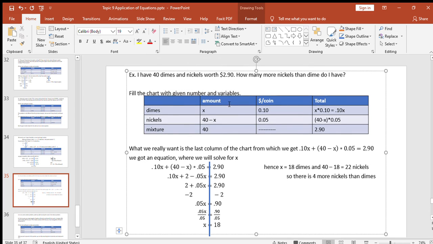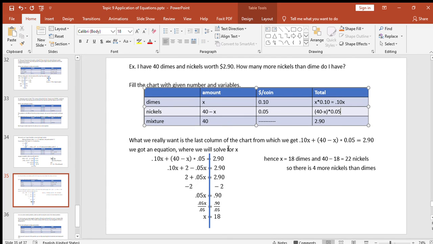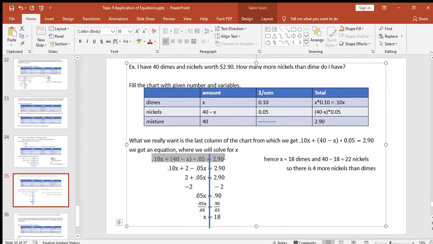As long as it adds up to 40, you can switch it around. And then, since we know x and the rate, we can find the total, which is given right here. Since we found the three things we want, we now have a good equation.